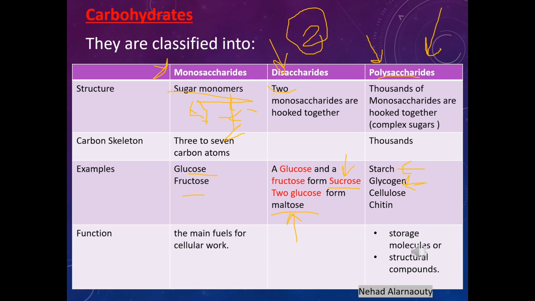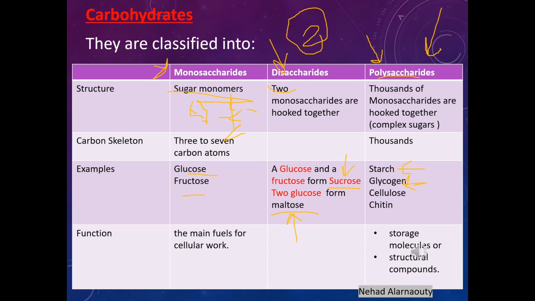Like you have extra money and you just put it aside till you need it, you will just get it back and break it down to get whatever you want. So it's insoluble. The cell will just put them aside till it needs them. It will break them down to get again monosaccharide, glucose, to get energy.